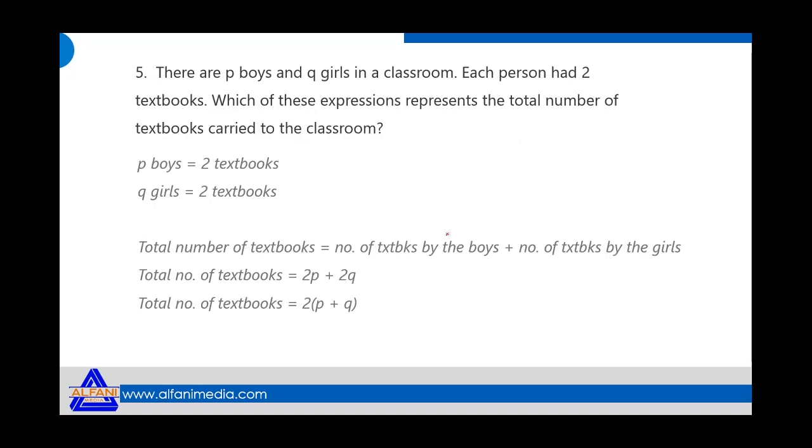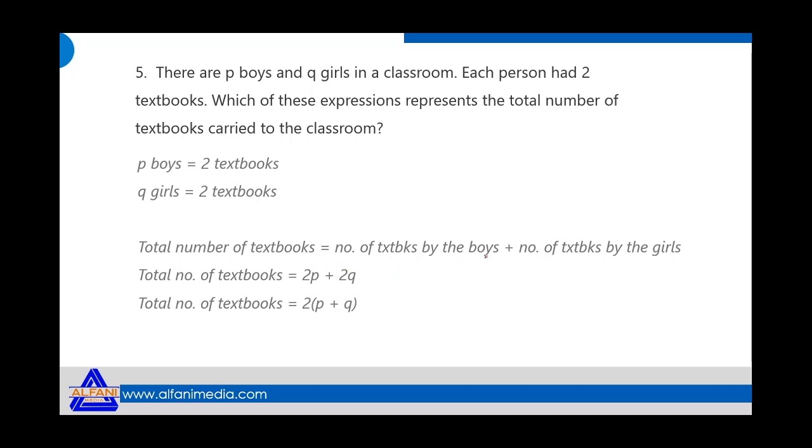So the boys carry 2 textbooks, the girls also carry 2 textbooks. What I did here is I took out P boys equals 2 textbooks, Q girls equals 2 textbooks as well. So the total number of textbooks equals the number of textbooks carried by the boys plus the number of textbooks carried by the girls. So the total number of textbooks is going to be 2P plus 2Q. That's 2P representing the total number of textbooks carried by the boys.